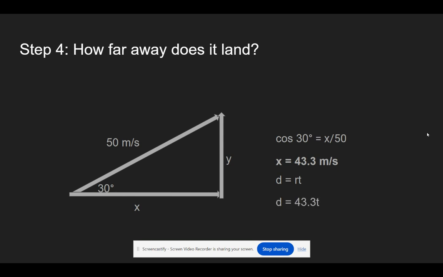The rate is the 43.3 meters per second that we found for x, and the time is the 5 seconds that we just found for when it hits the ground, because when it hits the ground is when it stops moving. So then we know that the distance is 216.5 meters, and so it lands 216.5 meters away.